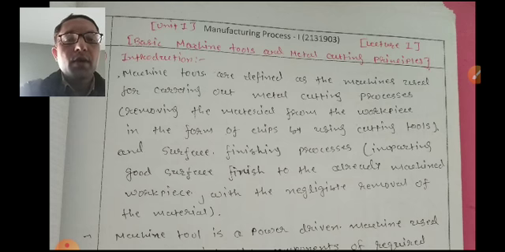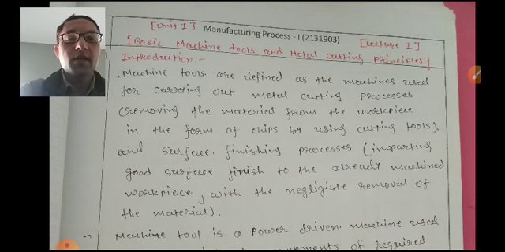Starting from the introduction. First of all, what is a machine tool? As you see on your screen, machine tools are defined as the machines used for carrying out metal cutting processes. Machine tools are basically of two types. One which is used for the metal cutting process and another which is used for the surface finishing process.